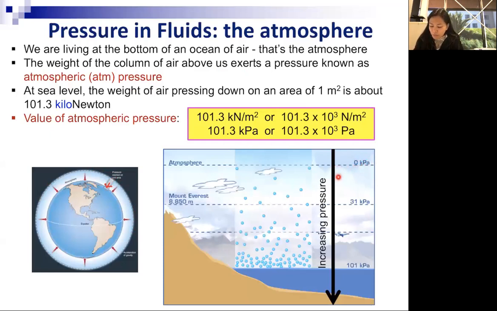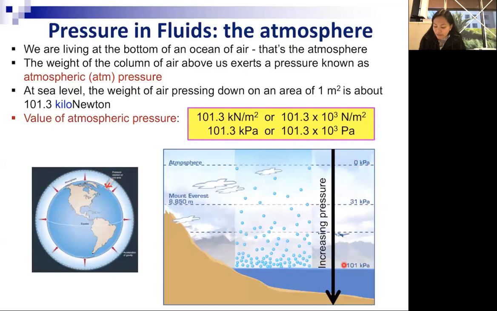But then as you approach the surface of the earth, you'll have more and more air molecules above you exerting a downward force, and therefore the pressure starts to increase as you approach the surface of the earth.